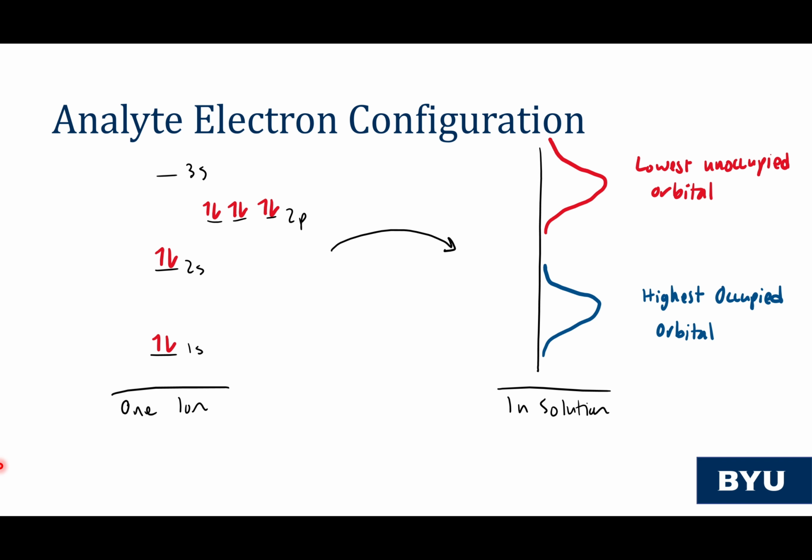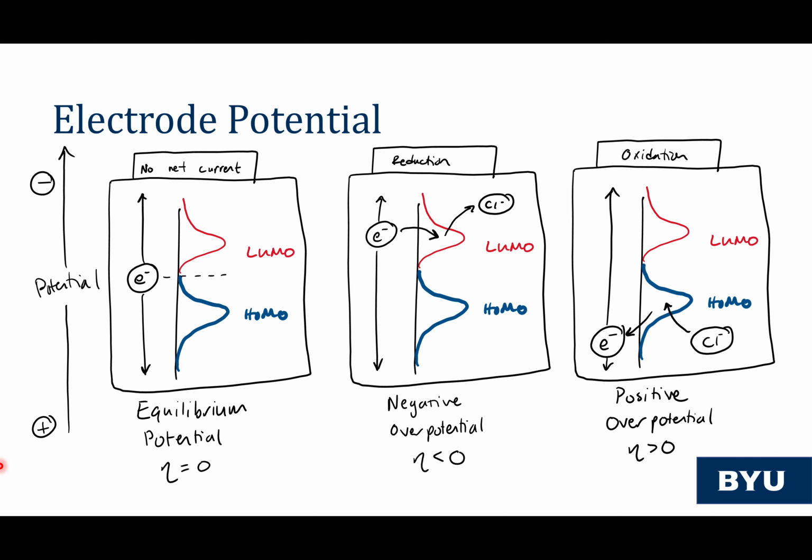And then, of course, if that occupied 2p orbital becomes that blue probability distribution function, we'll also have a probability distribution function of the unoccupied orbitals, like the 3s orbital here.